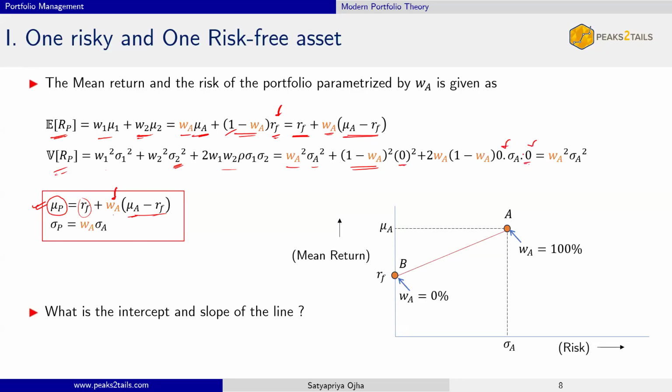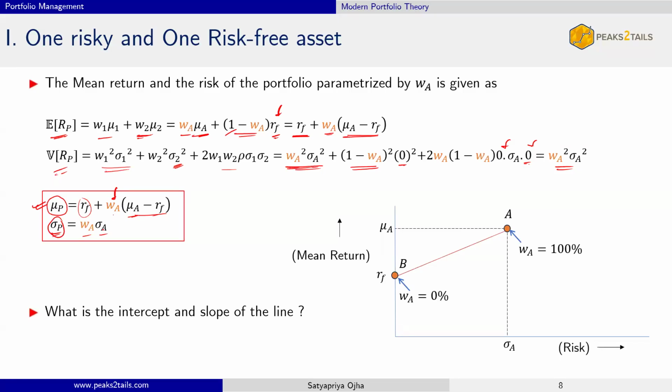So the second term vanishes and we have a very simple expression, WA squared sigma A squared, essentially the first term. This is the term that remains. Taking the square root, portfolio volatility is WA times sigma A. So these are my governing equations for the portfolio dynamics for mean return and volatility.